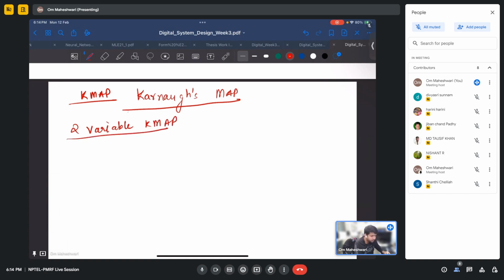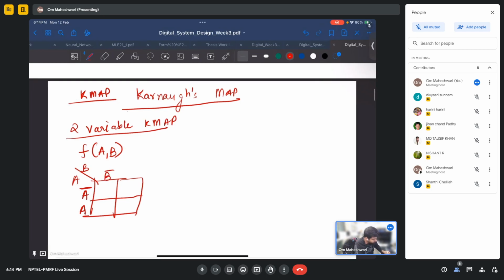So let us say we have a function that has two variables a and b. To draw a two variable K-map, we take a on one side and b on another side. So this cell we represent by a bar, this cell is a, this b bar, this is b.